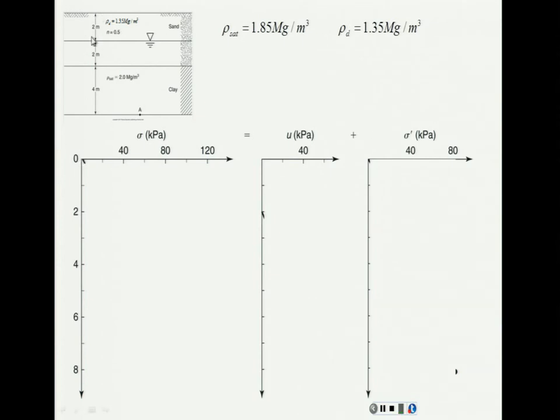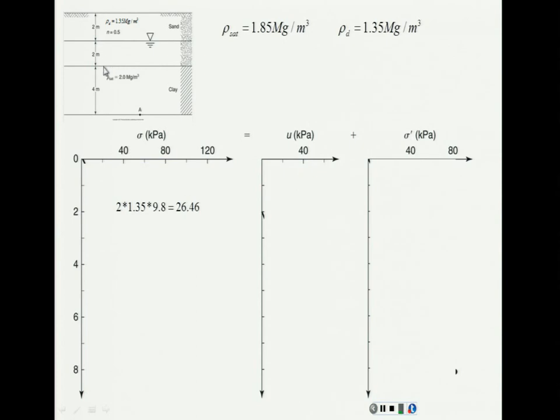At 2, the first 2 meters, the total stress is given just by the weight of the dry sand, so it will be 2 meters times this density times what? Times gravity. Very good. So you have 2 meters times the density times the gravity, because this is density, not unit weight. And we're talking about stresses, so we need unit weight. And we have the first point.